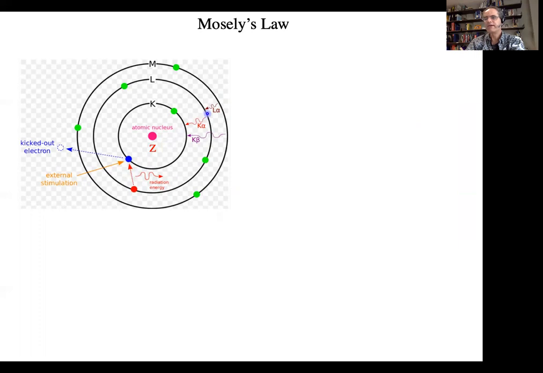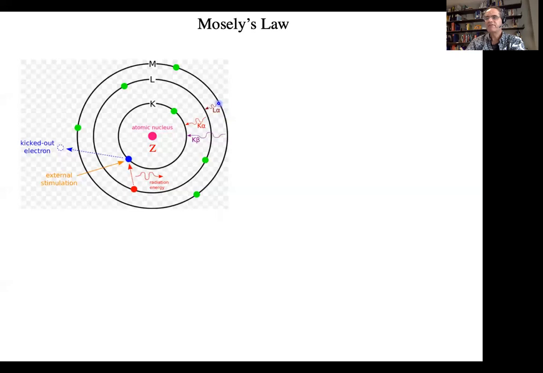X-rays that are emitted when electrons drop from the n equals 2 or L shell to the n equals 1 or K shell are called K alpha X-rays. Those from n equals 3 to n equals 1 are called K beta, and so on.